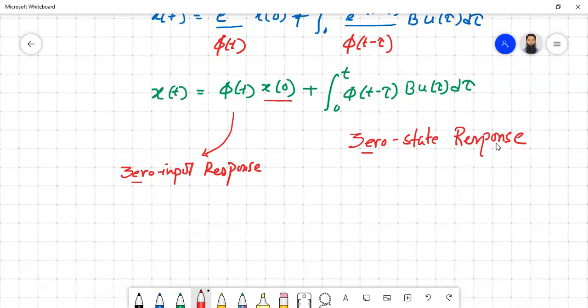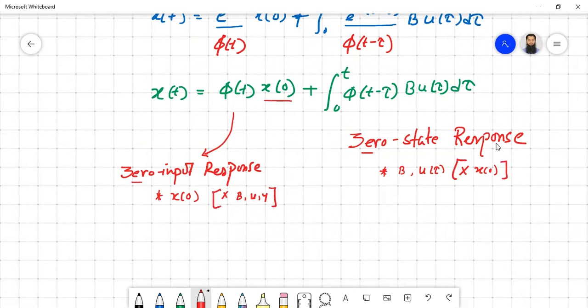So now this one depends only on x0, whereas this one depends on your B matrix and your input, but not on x0. Whereas this one depends on x0, but not on your b or u or even the output y. So it doesn't depend on any one of them. Okay, so this is the scenario.